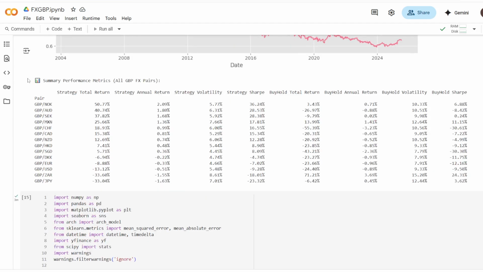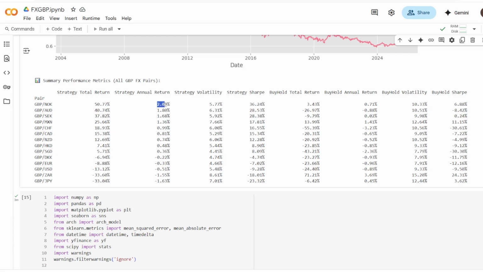So if we see the summary performance, what is most profitable here? If we use pound Norwegian krona, the total return of a mean reversion strategy is 50.75% based on the historical data.